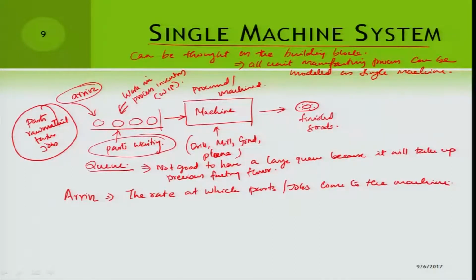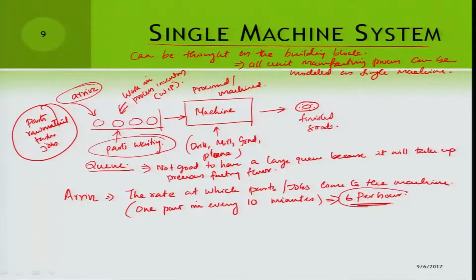If I say one part every 10 minutes, that is an equivalent arrival rate of 6 per hour. So I will say that the parts arrive at the facility at the rate of 6 per hour. This is called the arrival rate. It determines how quickly parts come; every 10 minutes you get a part.